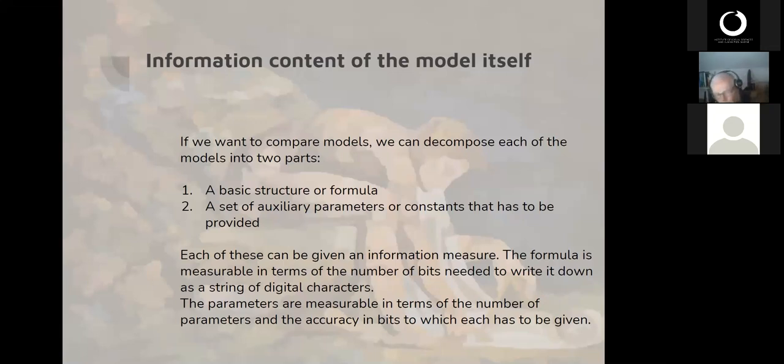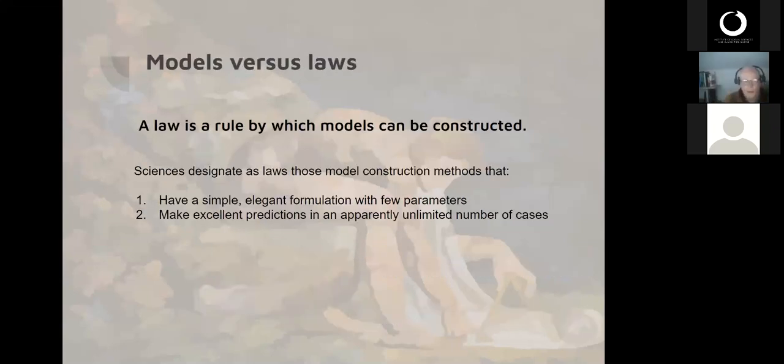A law is a rule by which models can be constructed. And in general, you can say something is a law if it's a model construction method that has a simple, elegant formulation and few parameters, and it makes excellent predictions in an apparently unlimited number of cases.